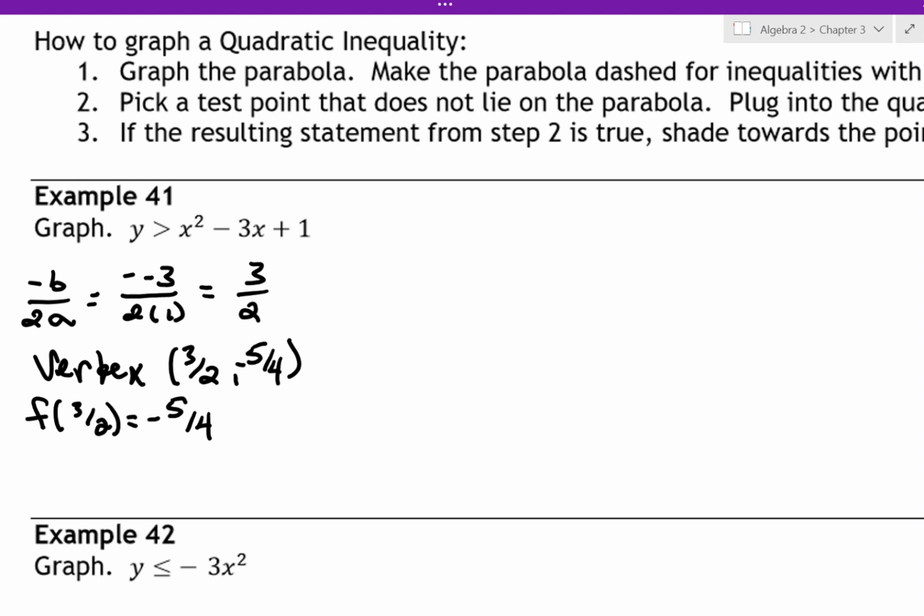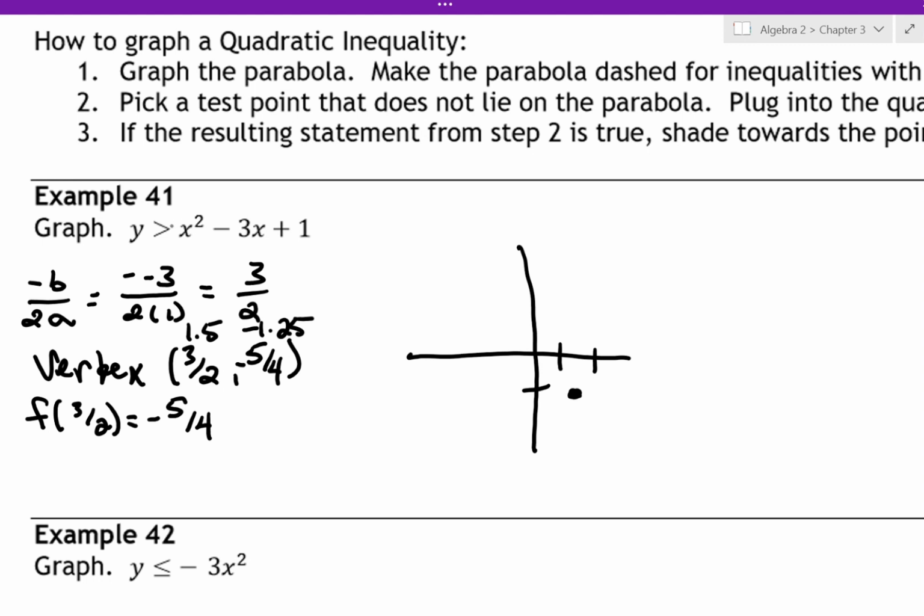If you want to do them by hand, that's just fine. It probably would have been faster had I just done that by hand. But now we're going to graph this vertex here. Positive 1.5, this is 1.5, and then negative 1.25. So somewhere in that region. And then we can do some other points here.